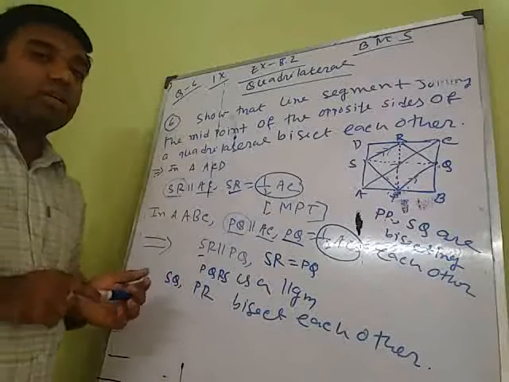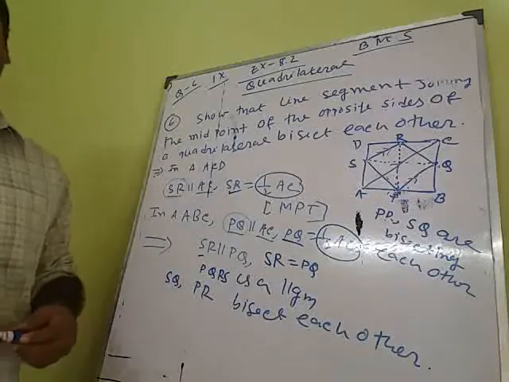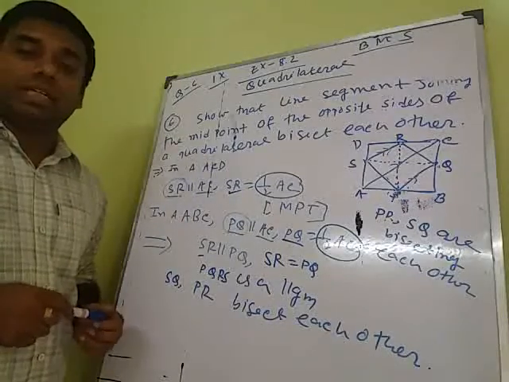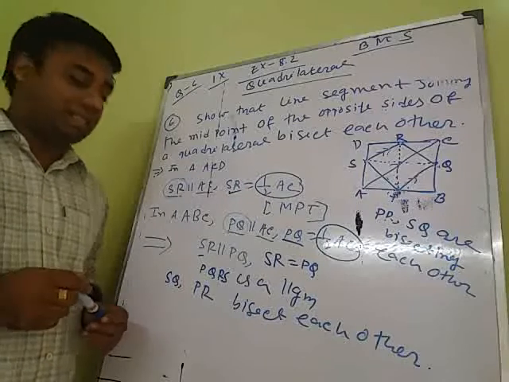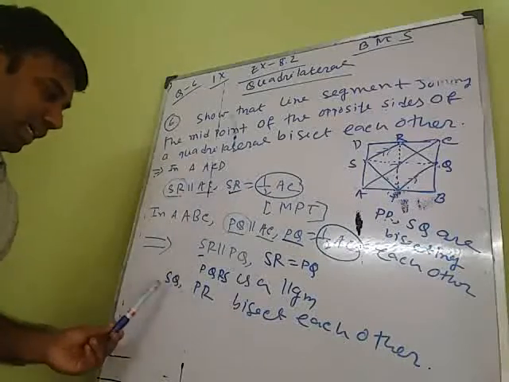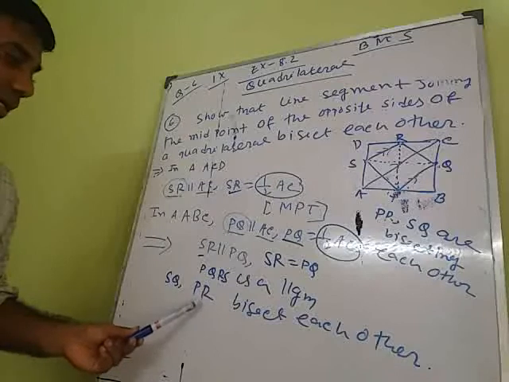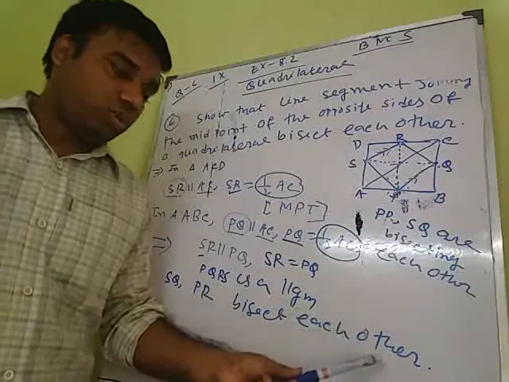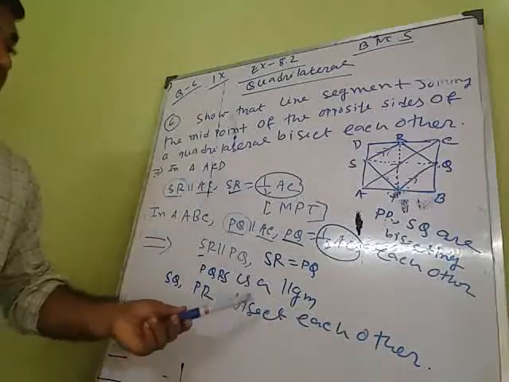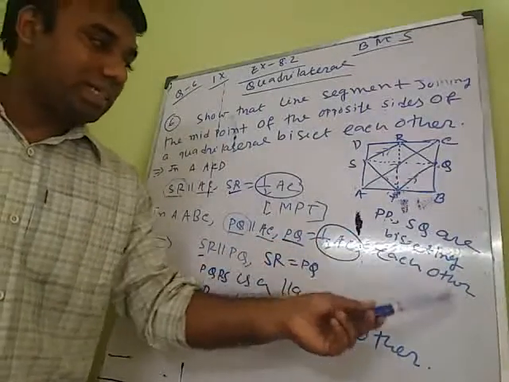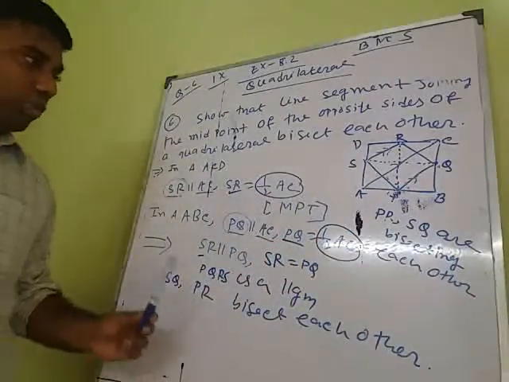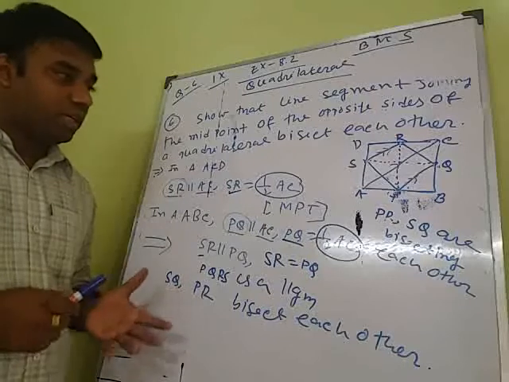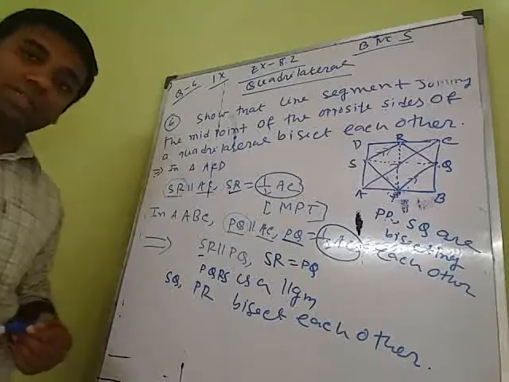As it is a parallelogram, the diagonals of the parallelogram bisect each other. So from that relation, SQ and PR bisect each other. That is our required proof. We have proved it already, students, using the midpoint theorem.